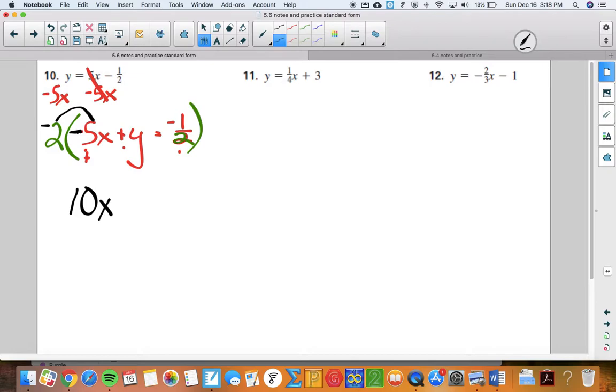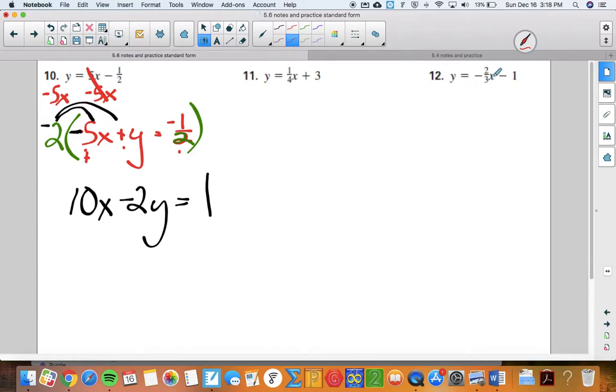It's an integer, and it's the A coefficient, and it has to be positive, and now it's positive. Here I get a negative 2y, so minus 2y. And then here, negative 2 times negative 1/2 is positive 1. And it's not a fraction anymore. That's what I was going after. Got rid of that fraction as well. That's awesome. Let's try another one.